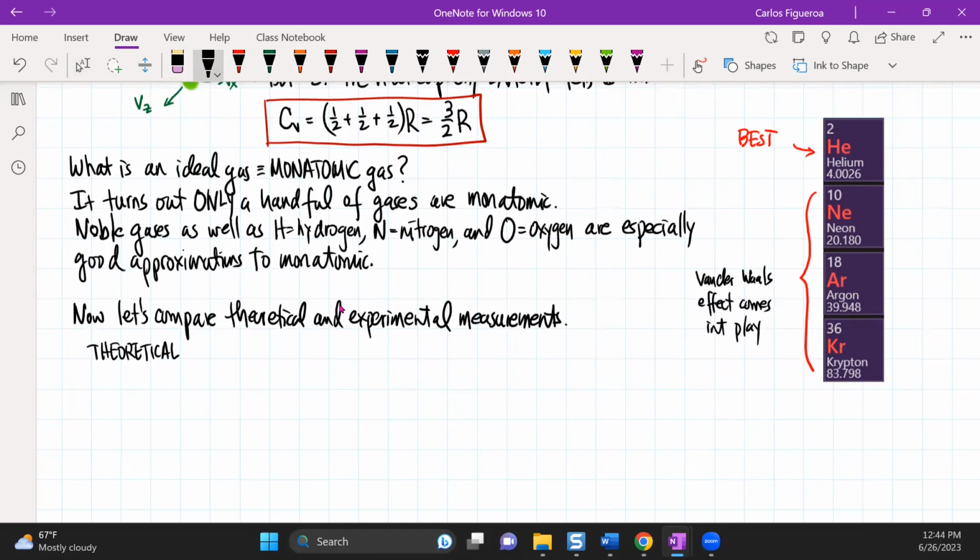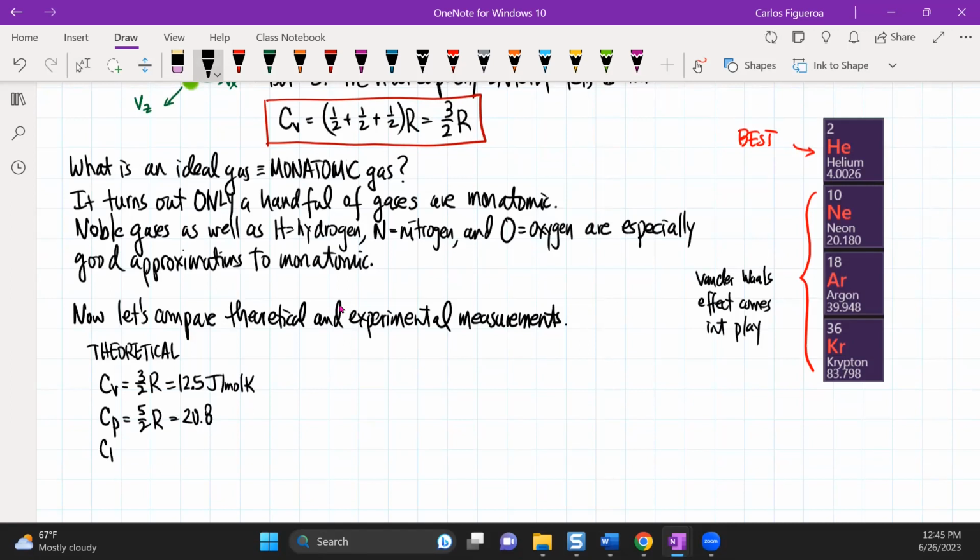So the theoretical says that CV is then 3/2 R, and that value turns out to be 12.5. By the way, all of the units I'll write at once is joules per mole per Kelvin, but I'm not going to include the units in any other thing. Of course, CP is 5/2 R from what we calculated, and this is 20.8.